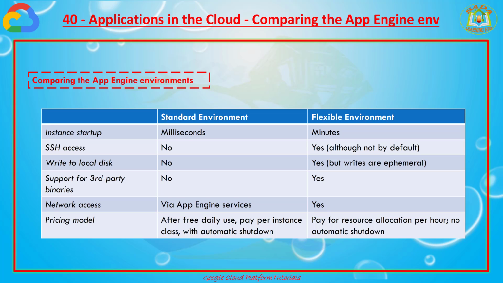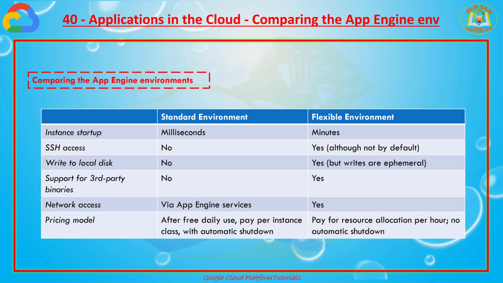Coming to support for third-party binaries, there is no support for third-party binaries in the standard environment. Why? Because everything is pre-configured and we don't have access. Whatever features the standard environment gives, you need to use those; it's not possible to use third-party binaries outside of them.